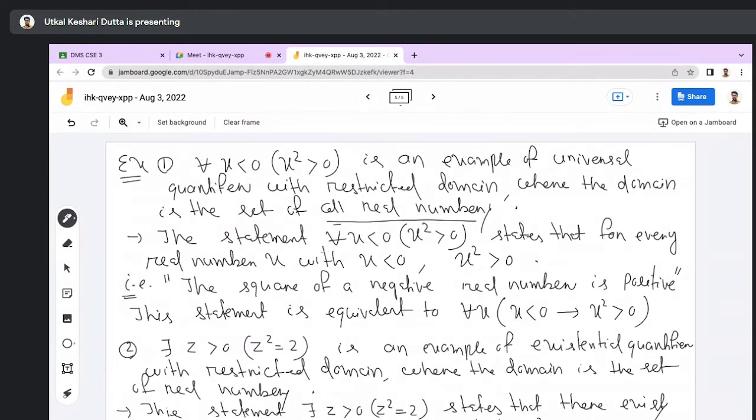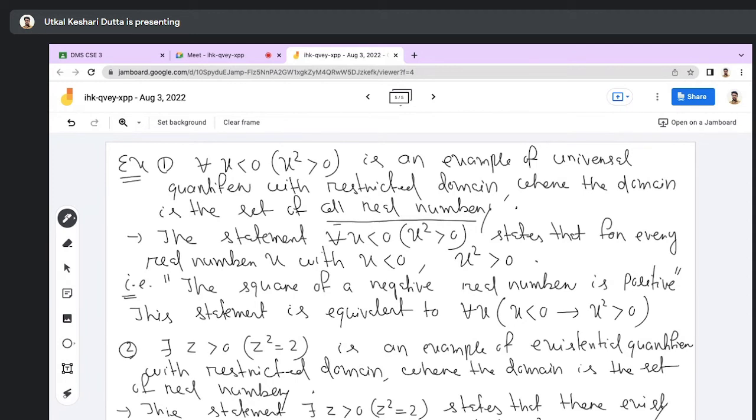That is, you can use the sentence, there is a positive square root of 2. That is the same meaning. Also, the given statement is same as or equivalent to what?